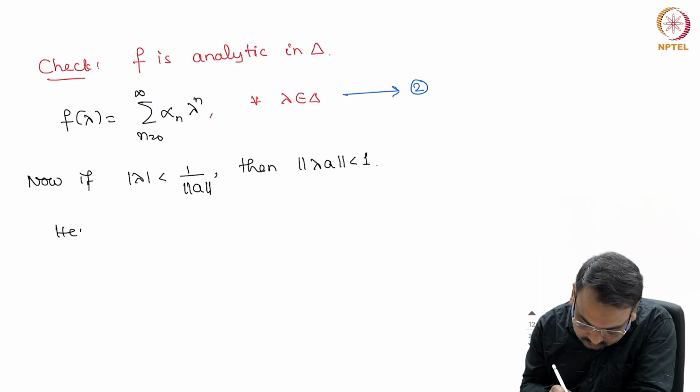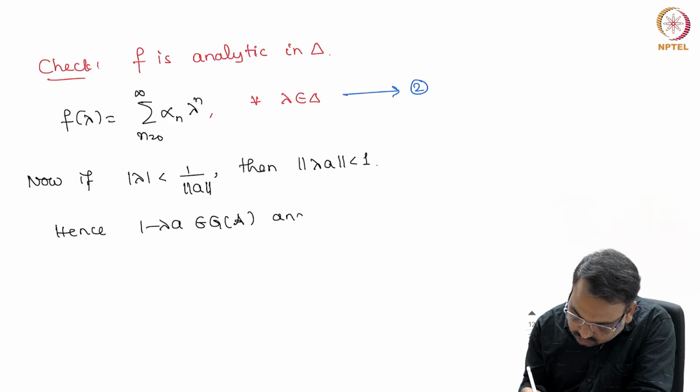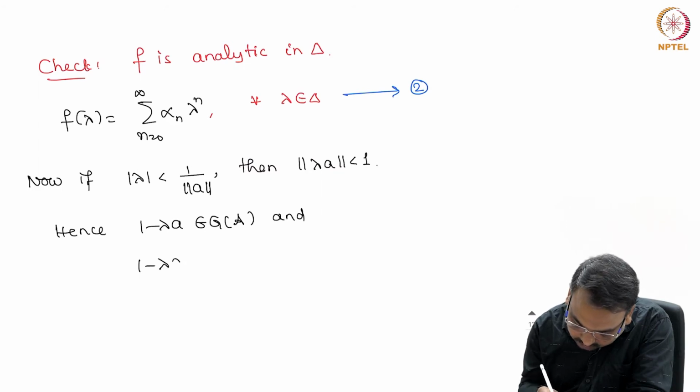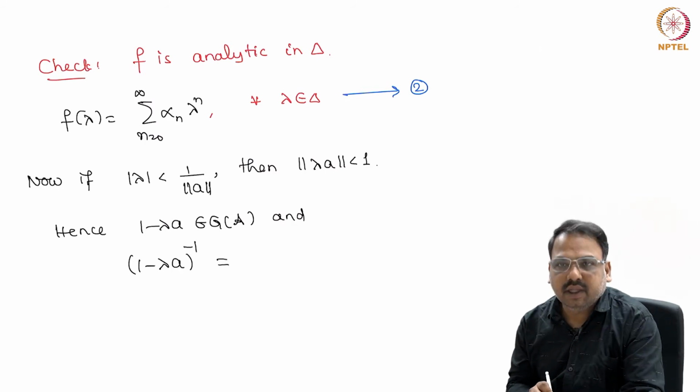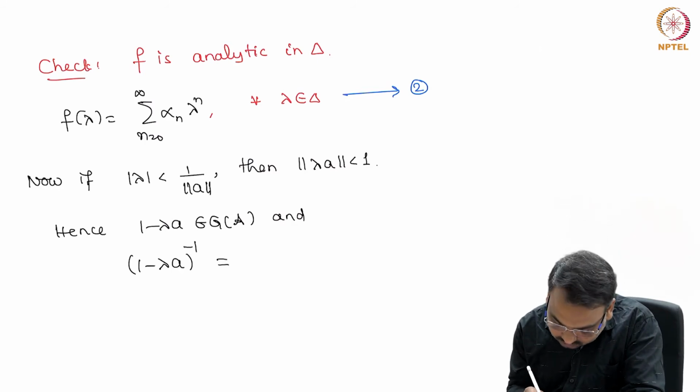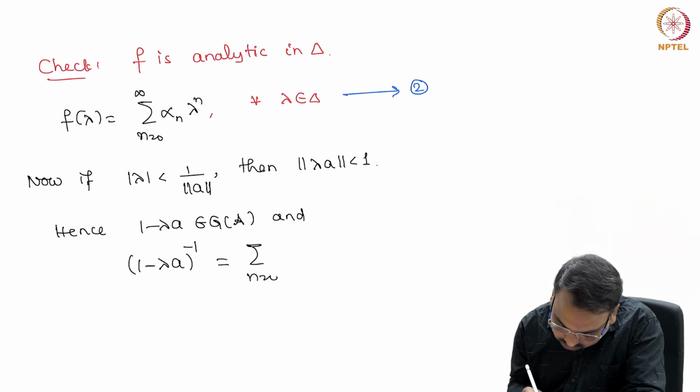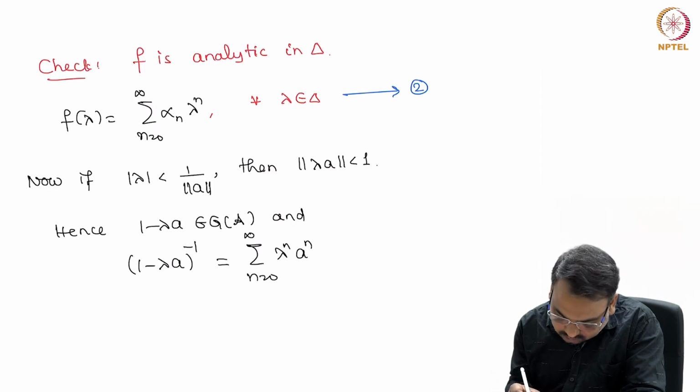Hence, we can say that 1 minus lambda A is invertible, and not only that, (1 minus lambda A) inverse is given by the Neumann series. This is summation n equal to 0 to infinity lambda n A power n. So let us call this equation 3.